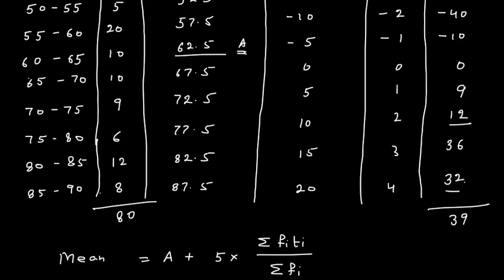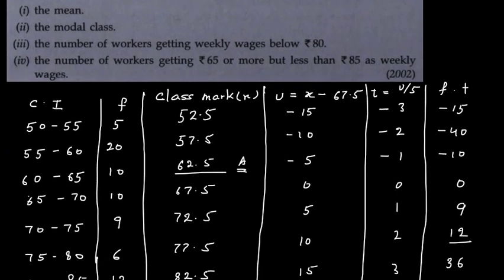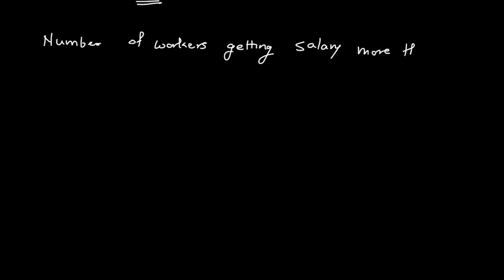Right. Okay. One more question is there. The number of workers getting rupees 65 or more but less than 85. So again the number of workers getting salary more than 65 and less than rupees 85.